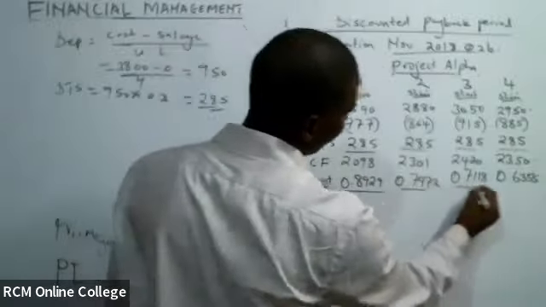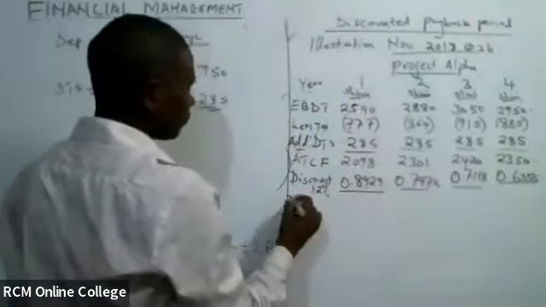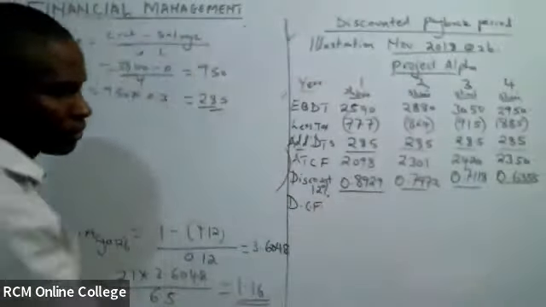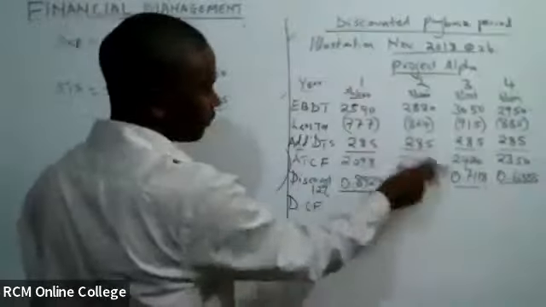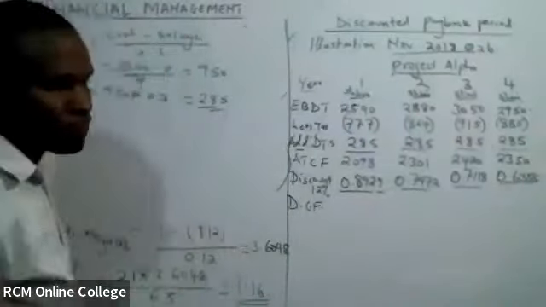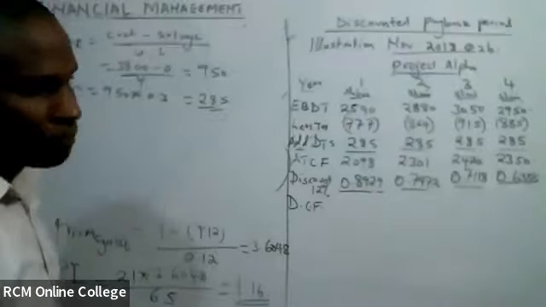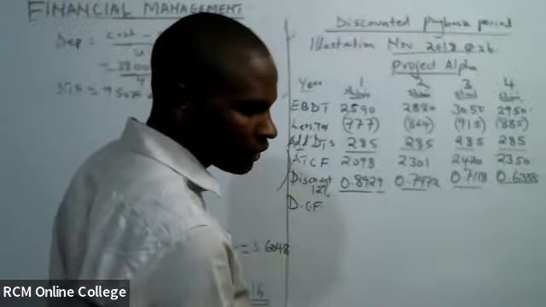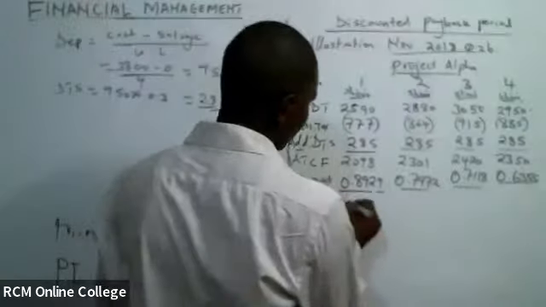So now we can get the discounted cash flow. Discounted cash flow for the first year, just multiply like that, to 1 decimal place: 1873.3.